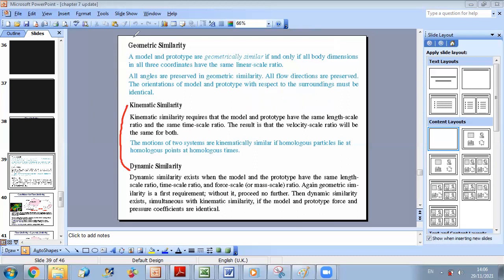Okay, and the geometrical similarity is very simple to verify. We should just consider that we have preservation of angles and the ratio of lengths is the same. So let us take some examples on this.